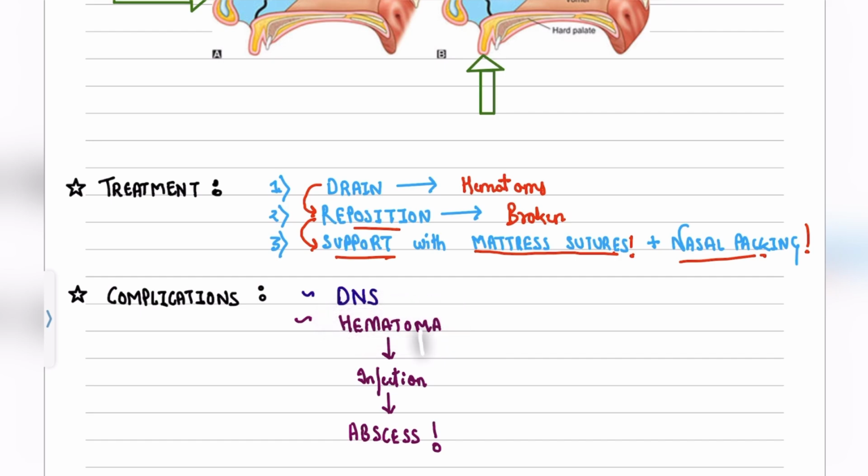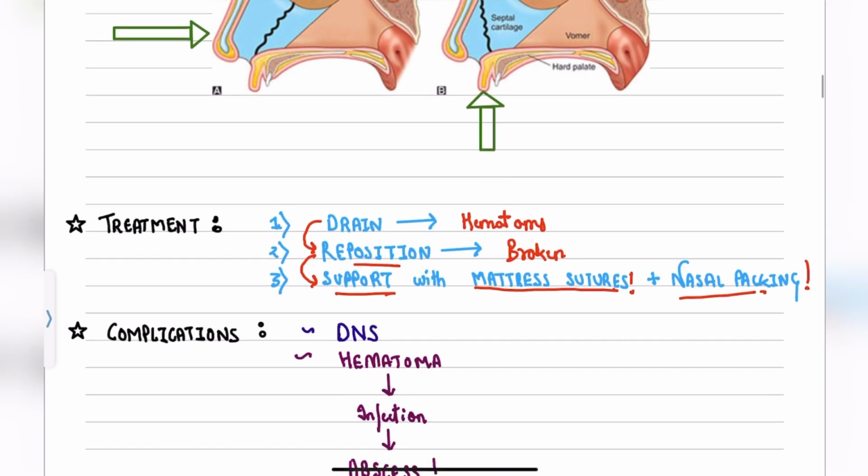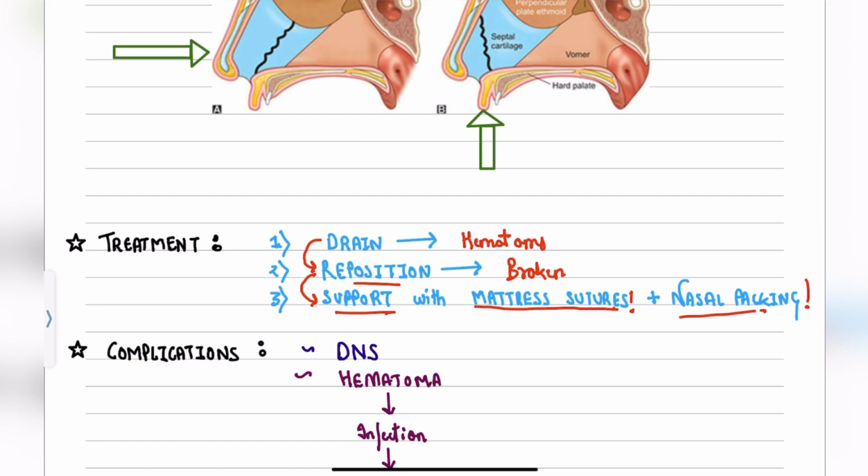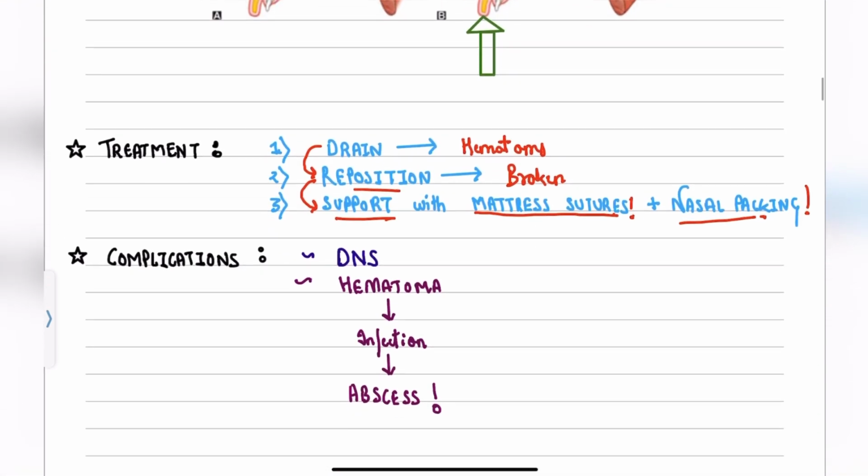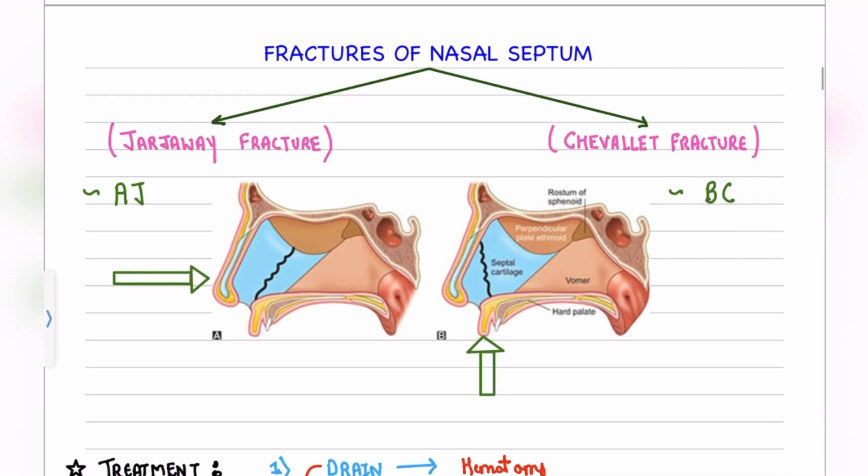If this blood collection becomes infected, it will definitely lead to abscess formation, which is a surgical emergency. Abscess may even lead to perforation of the nasal septum. So treating these fractures is highly important because they may lead to deviated nasal septum, hematoma formation and finally abscess, that is pus collection due to infection. So we have covered the fractures of nasal septum.